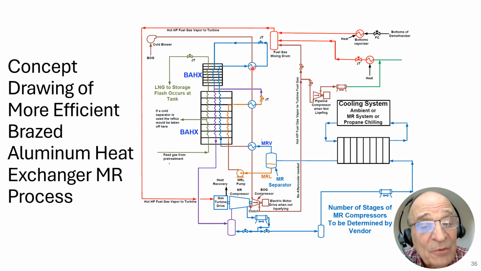If it doesn't, it may not be cold enough to cool down MRV, so it can certainly cool down this MRL. It can cool down this MRV that's over here, and it can be sent to your boil-off gas compressor. Now you come out of your boil-off gas compressor, and that does not have to be heated because it can become turbine gas.